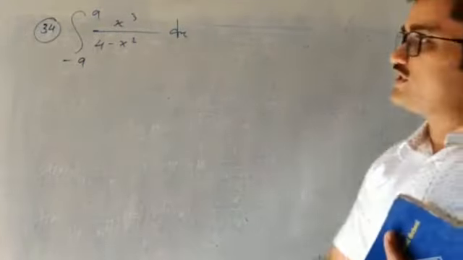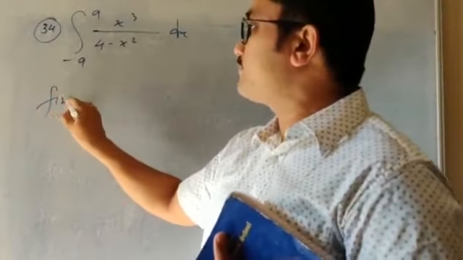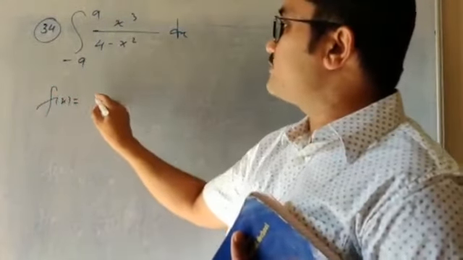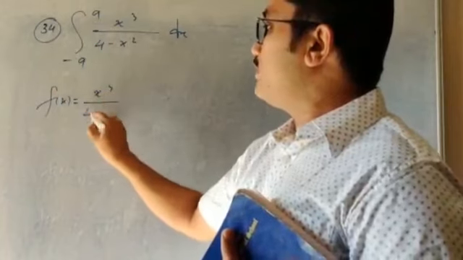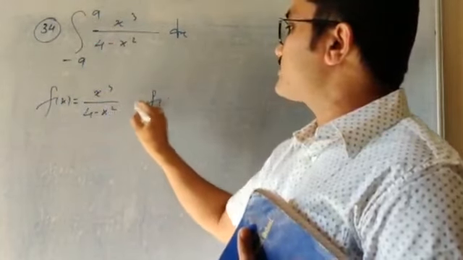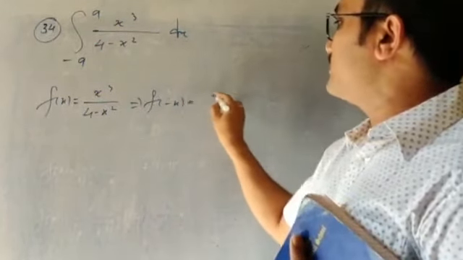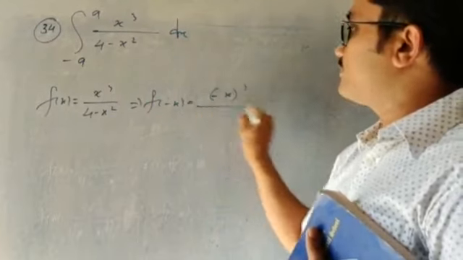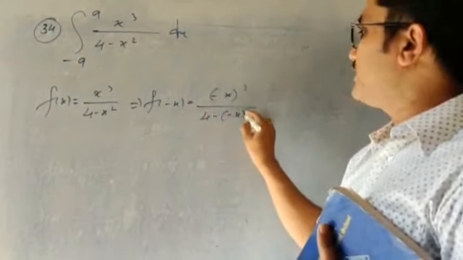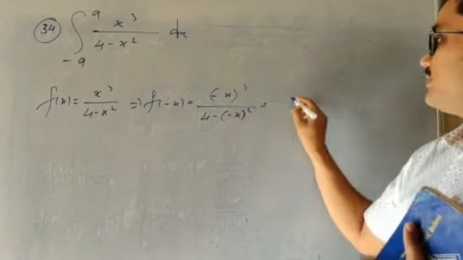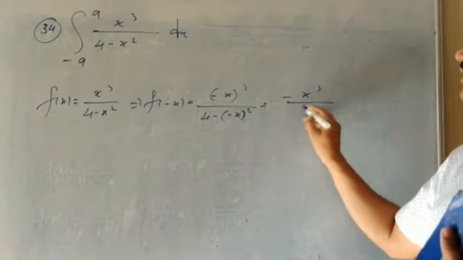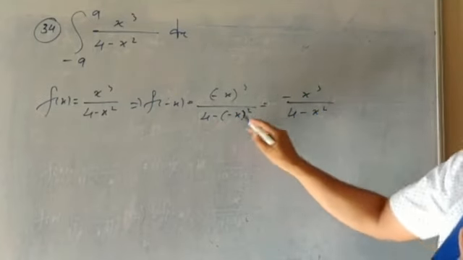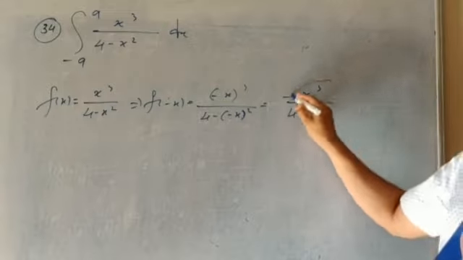Now again it is the same type of question. It is of the minus a to a type, f of x is x cube upon 4 minus x square. What is f of minus x? It is minus x cube upon 4 minus minus x square, correct? So minus x cube upon 4 minus x square, since negative x whole square is positive. What is this?